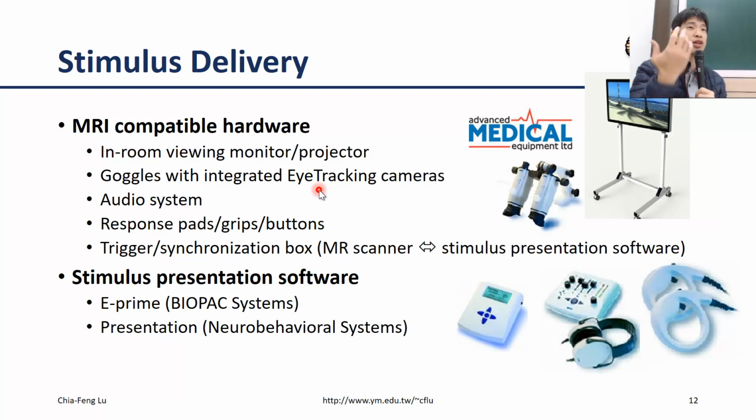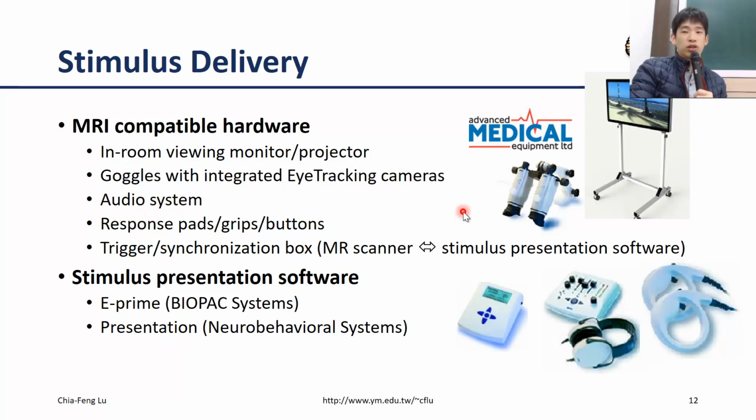Sometimes the subject may not really be looking at the target. The gaze just goes to a random position. So you can use an eye tracking camera to determine whether the eyeball is staying in the center position. So the goggle with integrated eye tracking cameras is sometimes very useful for some kinds of study design.